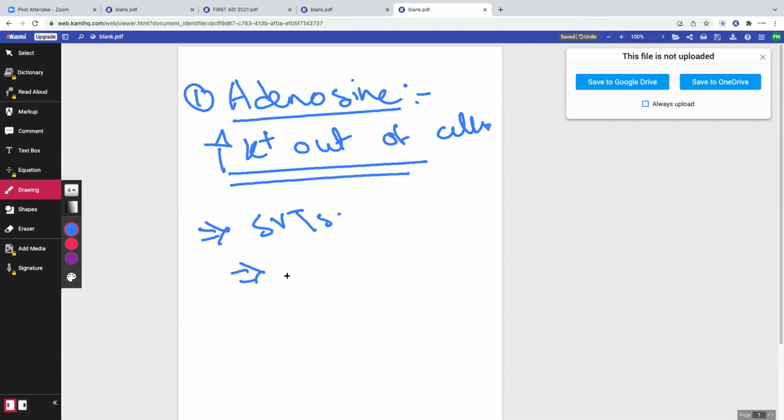For example, when we see an EKG, right? If it looks something like this, and there's no P wave and there's increased activity over here, can we know for sure if it's atrial fibrillation or atrial flutter? The answer is we cannot know for sure.